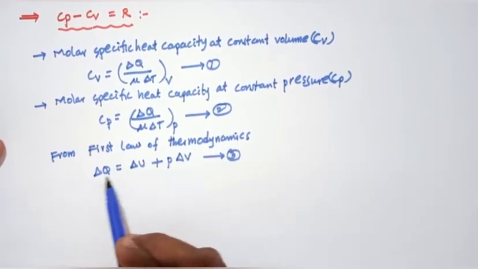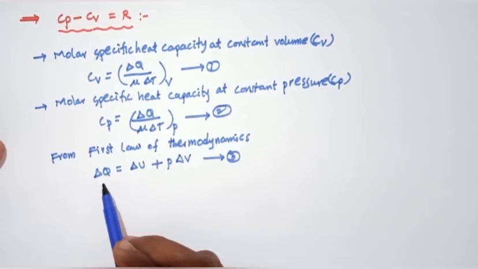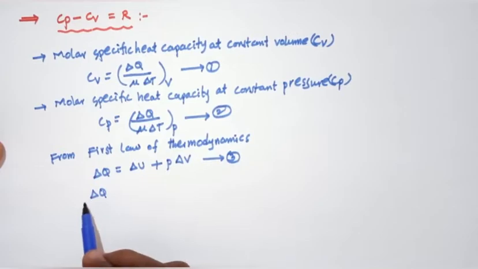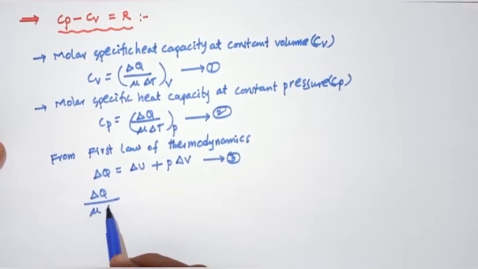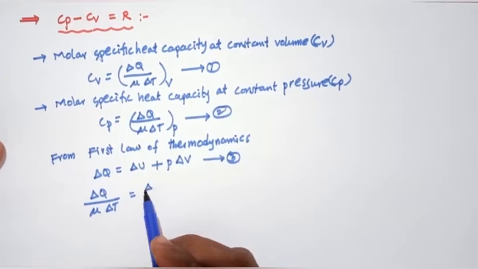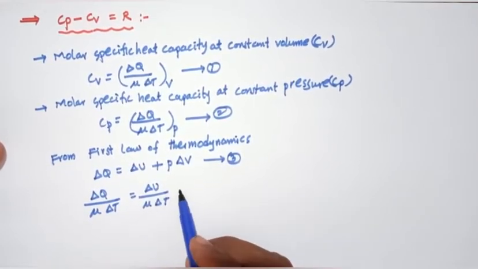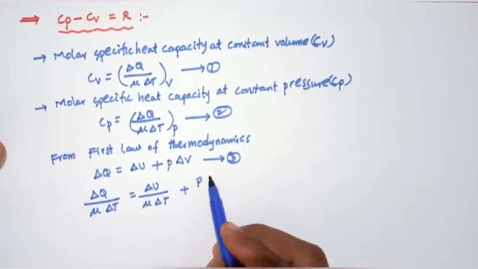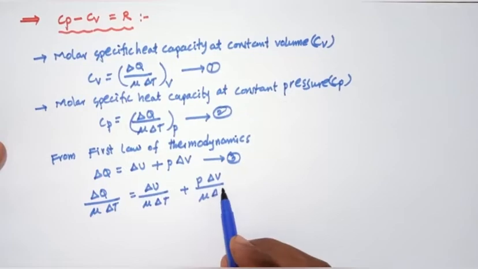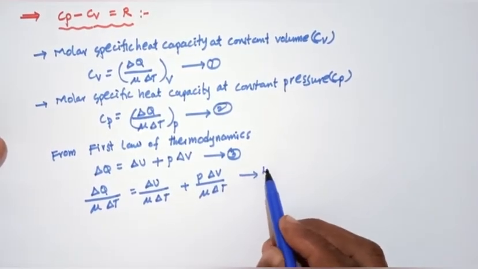On both sides we can divide by mu and delta T. Then delta Q by mu into delta T equals delta U by mu into delta T plus P delta V by mu into delta T. So this is equation number 4.